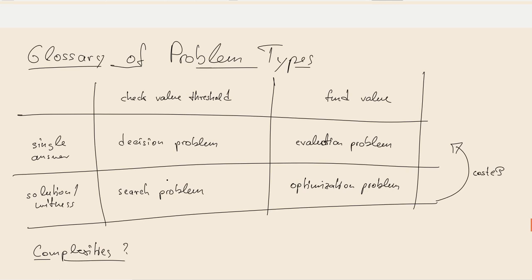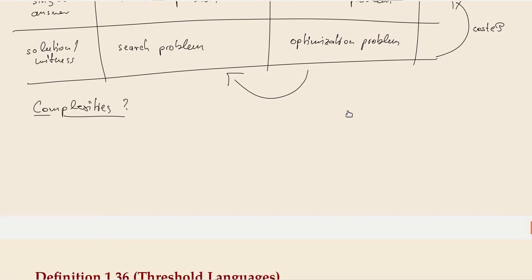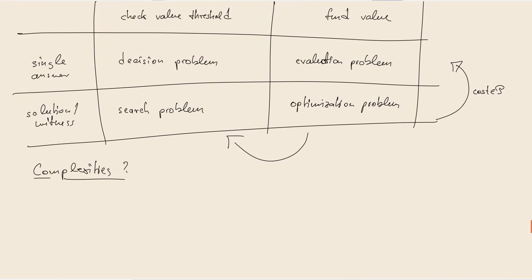If we have a search problem, well, if we have a certificate, we can check it in polynomial time. That was NP. So this is easy. It's also easy to go from right to left. All we have to do is, given that optimal value, compare it with the threshold, that's even easier. But the other directions of these arrows are a bit more interesting.